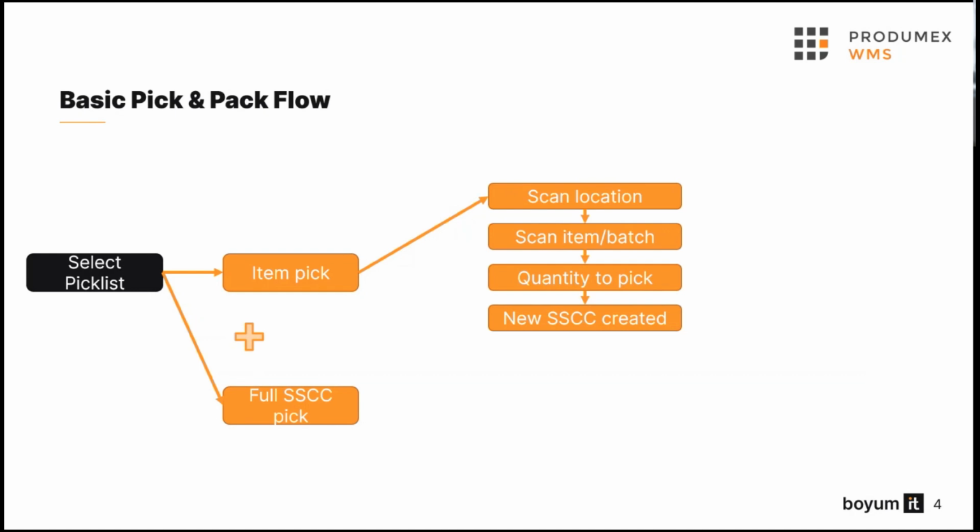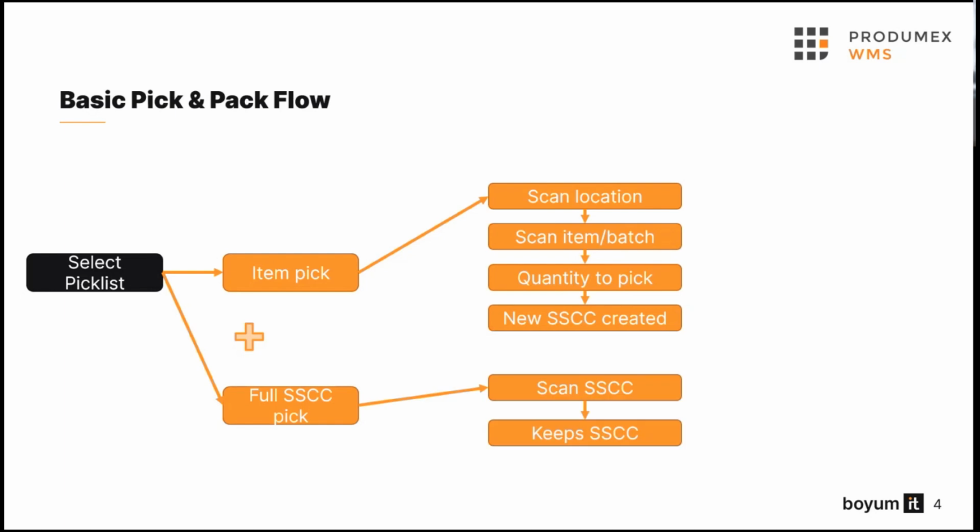Then the user will need to complete the quantity, and at the end of that, we will create an SSCC, a new shipping logistic unit for the sales order. If we look at the full pallet flow, you can see there are only 2 steps, because in that case you will just have to scan the SSCC and that's it.